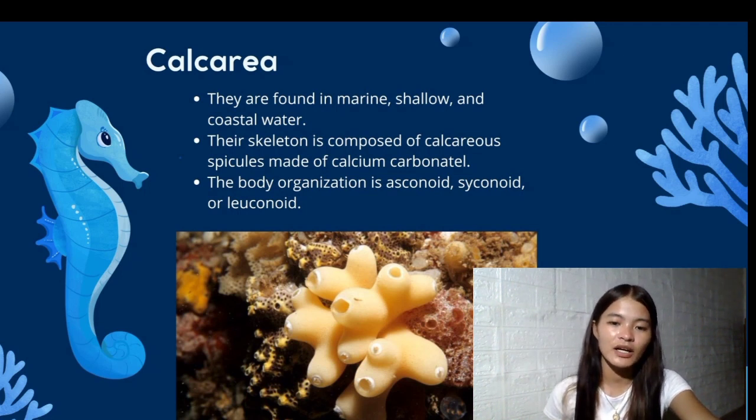Calcarea are the only sponges that possess spicules composed of calcium carbonate. They are usually dull in color and small in size, less than 30 cm. This class of sponges lacks spongin and their skeletons are composed of calcium carbonate.